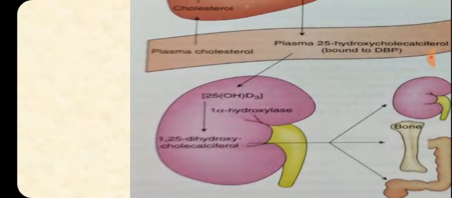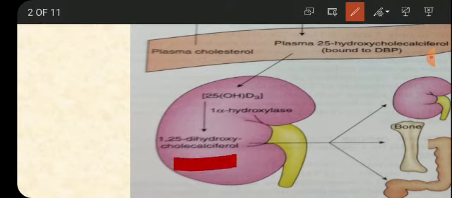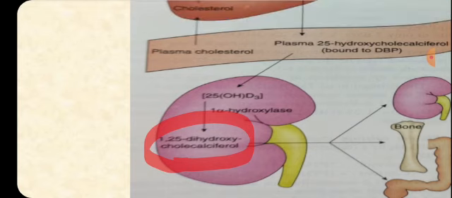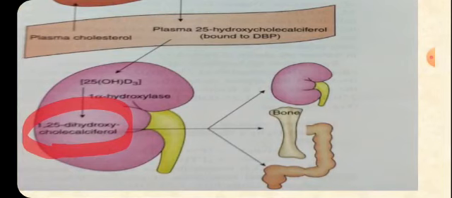The end product generated at the kidney is 1,25-dihydroxycholecalciferol, which is the active form of vitamin D3, or calcitriol. This is the main hormonal substance which exerts its action in different target organs like bone, kidney and intestine, to regulate the calcium level of blood and maintain calcium homeostasis.